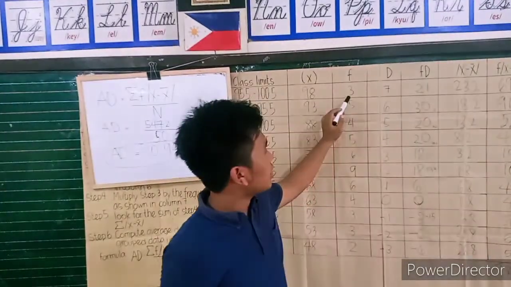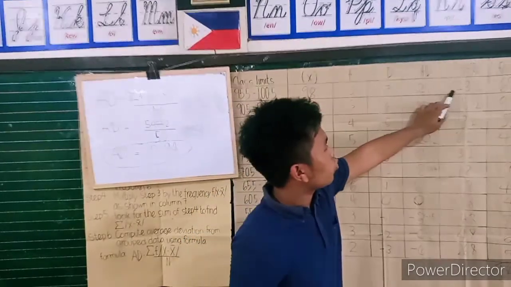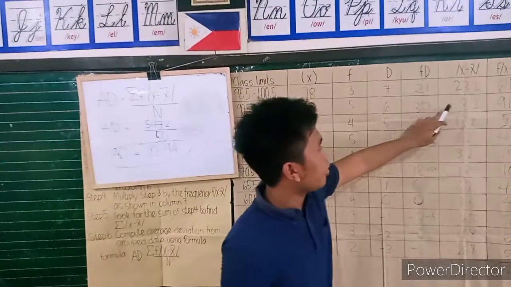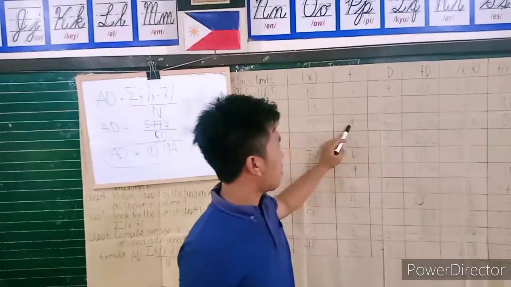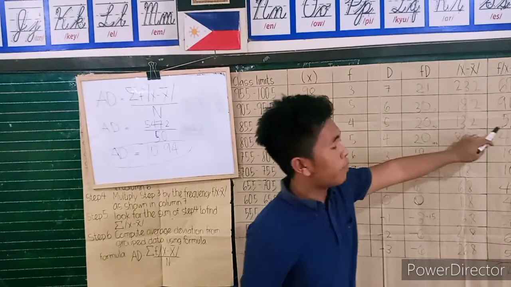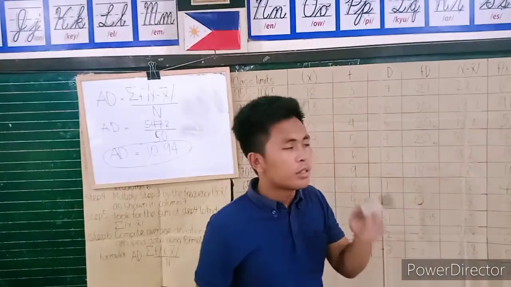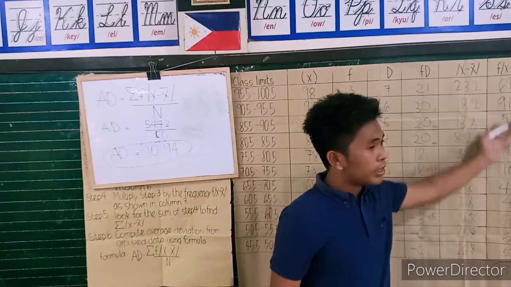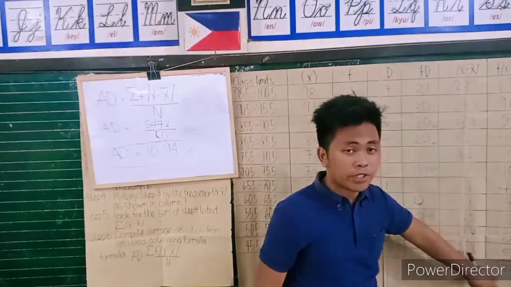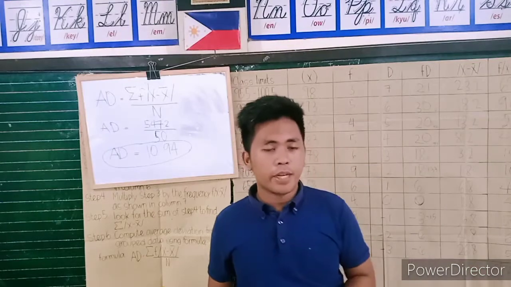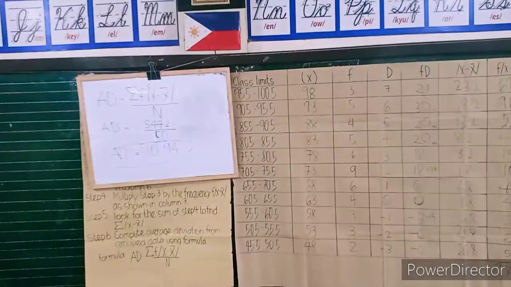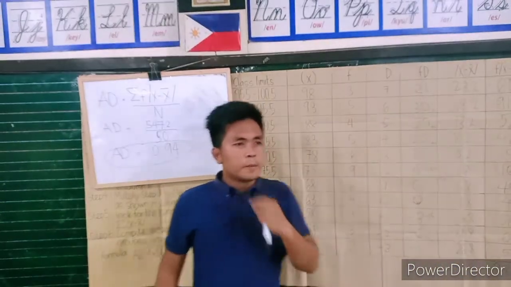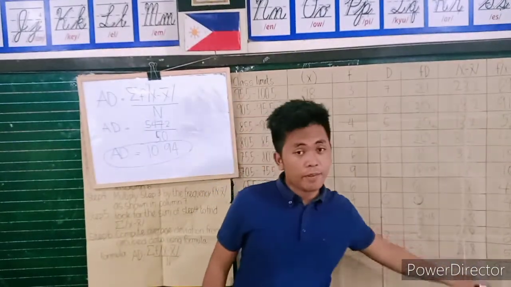So frequency 3 times 23.2 gives 69.6. 5 times 18.2 gives 91.0. 4 times 13.2 gives 52.8. Lastly, we add all these numbers to get 547.2. Are we clear? 547.2.